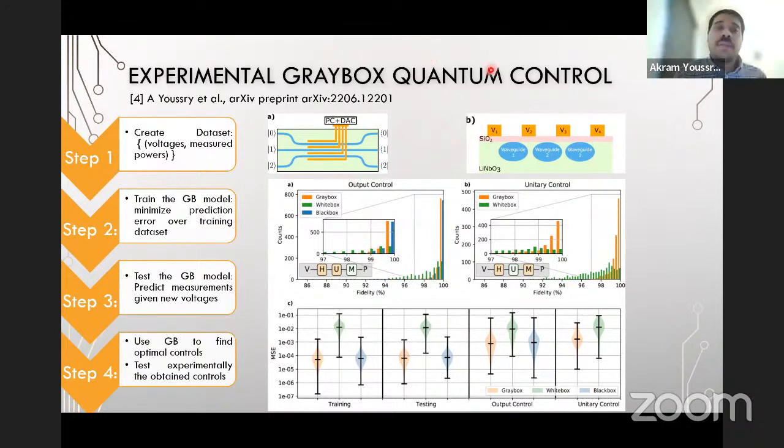So in this kind of research, it's very important to test on actual devices to know the performance of your algorithms, whether they are performing well or not. So this is one of the main results we had, experimental results.